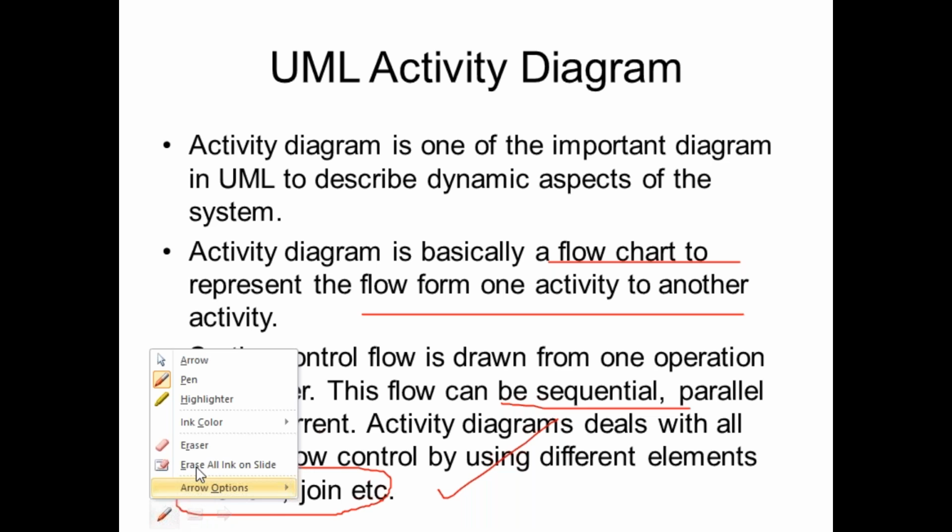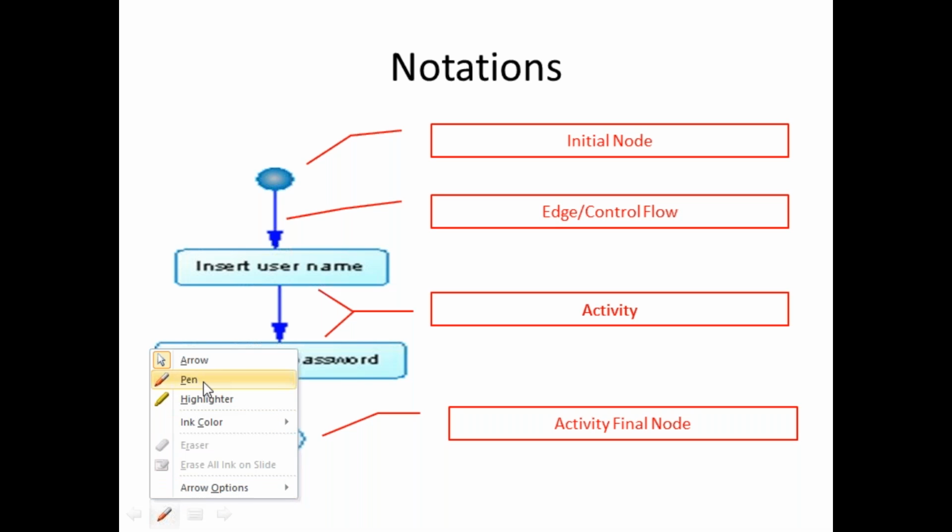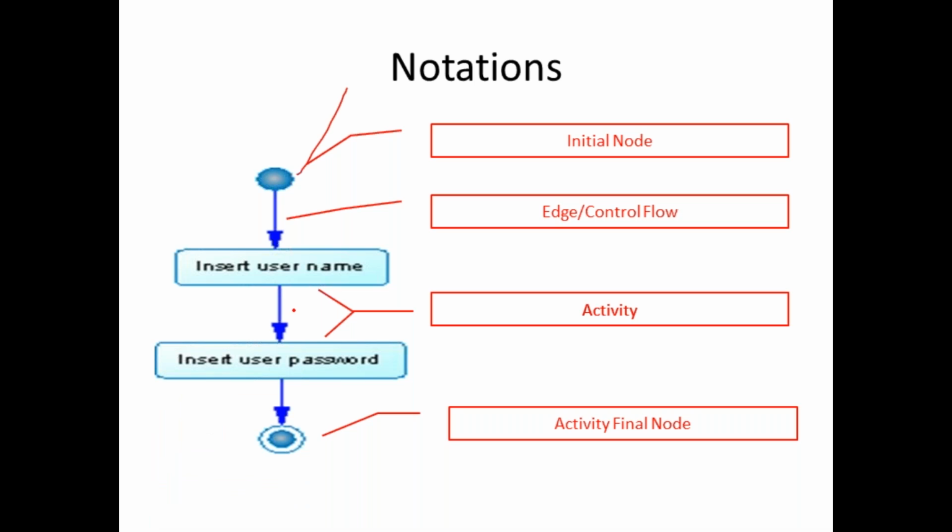So let's have a look at how the activity diagram would look. The activity initial node is represented by a dark circle. Activities are represented by rectangles. The activity final node is represented by a dark circle inside a circle. The arrow marks represent the edge, which is the control flow.